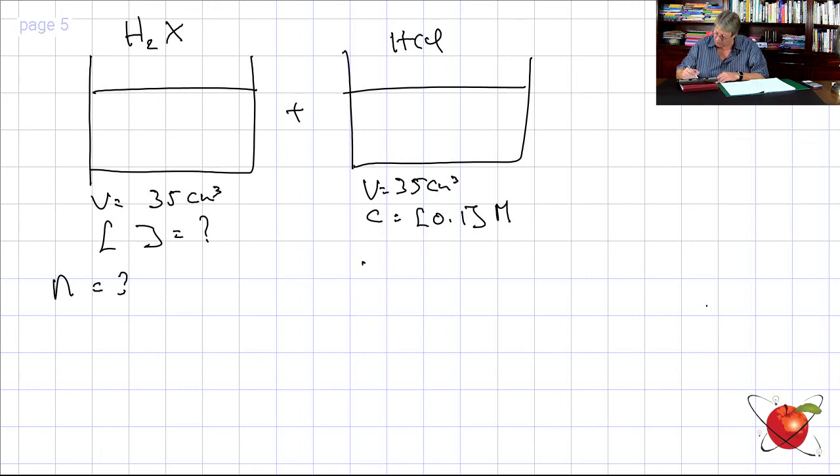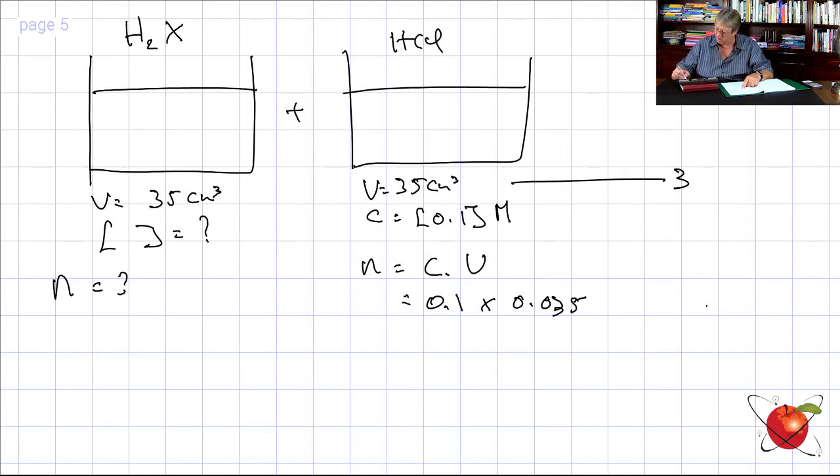Can I work out the number of moles of this one? Yes, I can. The number of moles is equal to C times V. You see what I'm doing? Watch. This is going to be 0.1 times 0.035, because remember, 35 centimeters cubed.